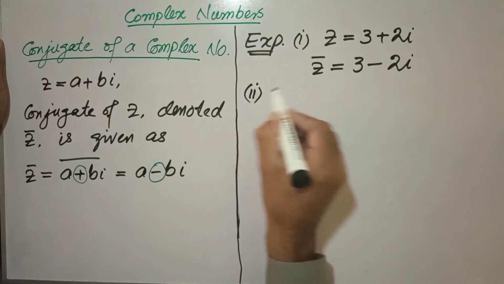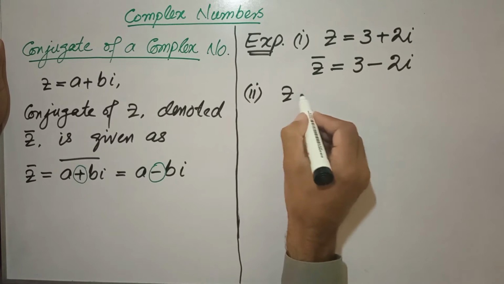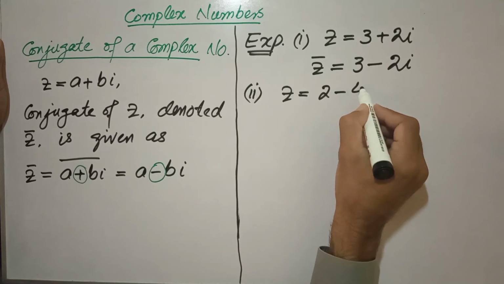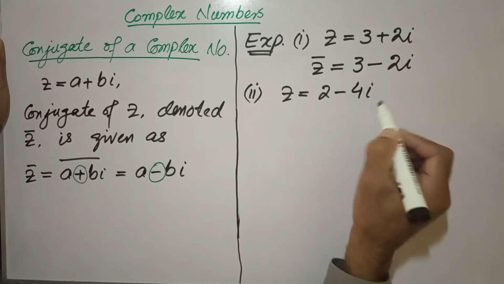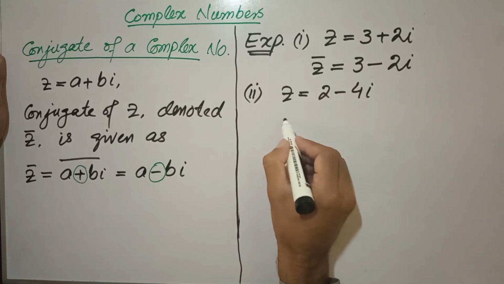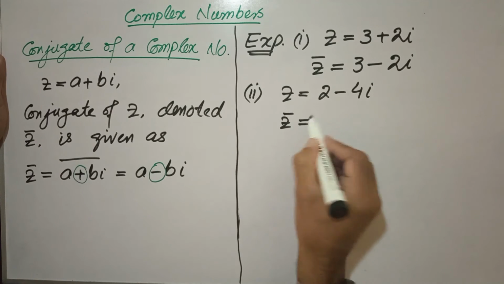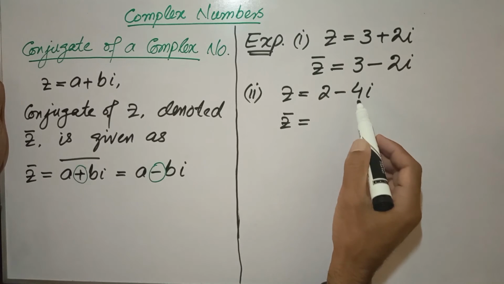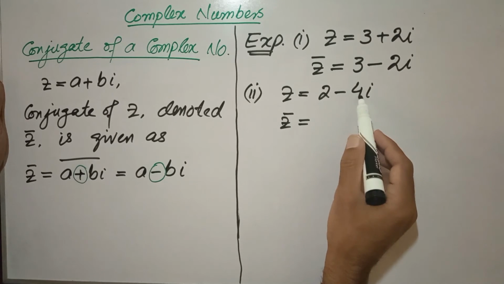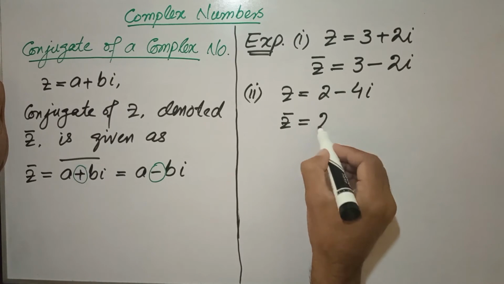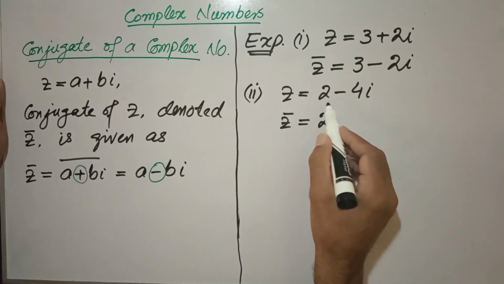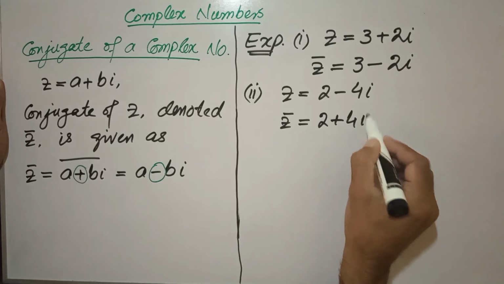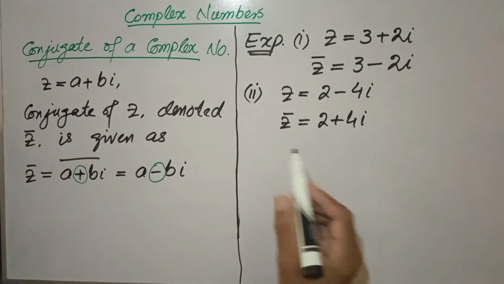Similarly, if we have a complex number of the form 2 minus 4 iota, then its conjugate: we'll take the additive inverse of the imaginary part. In this case, this is negative 4, so in the conjugate it will become positive. That is 2 plus 4 iota.